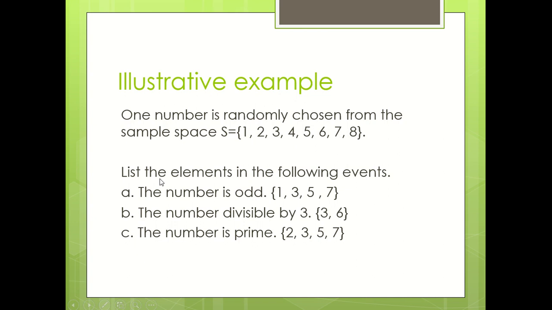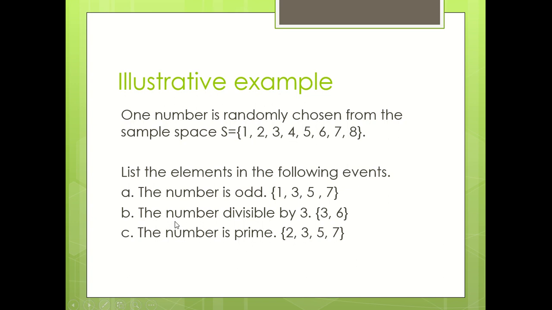Your task is to list the elements in the following events. The first event is the number is odd. So what is an odd number? An odd number is a number which is not divisible by 2. Looking at this set, we can list the odd numbers as 1, 3, 5, and 7 because these are the numbers that are not divisible by 2.